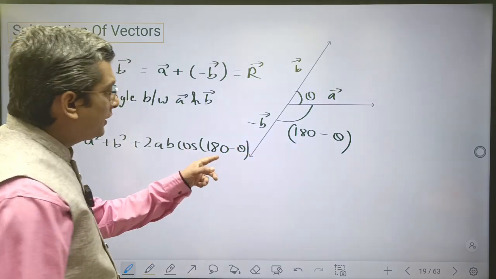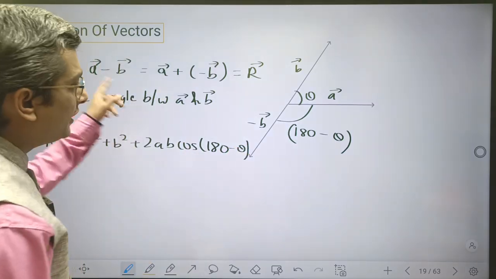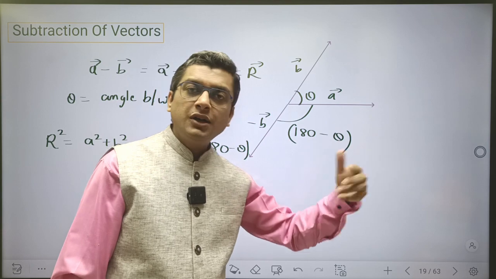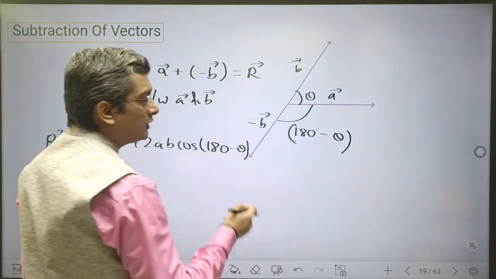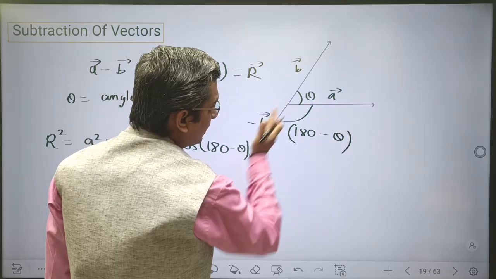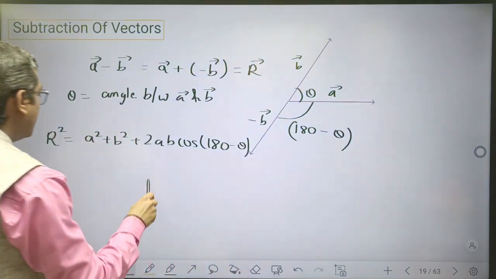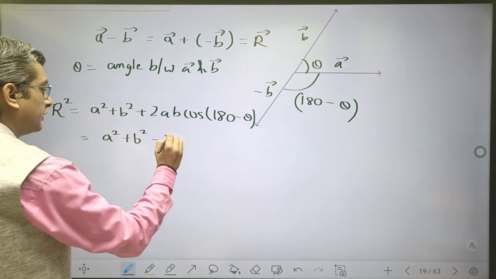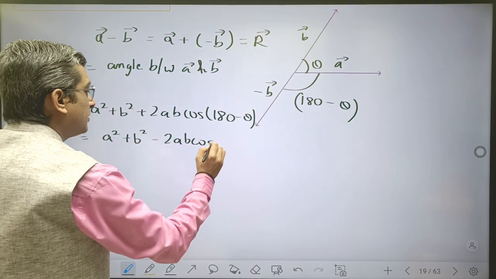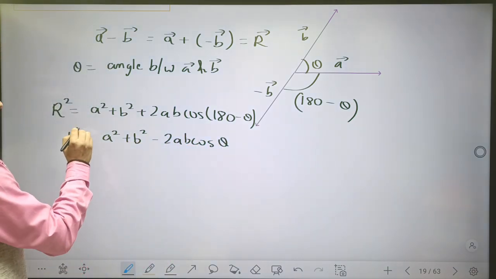If you take cos theta here, it means that you are adding vector A and vector B, because theta is the angle between A and B. But we have to add A and minus B. So we will take the angle between this A vector and minus B vector, and that is 180 minus theta. Now as you all know, cos of 180 minus theta is minus of cos theta. So this will become minus 2AB cos theta, and this is the formula, dear students.